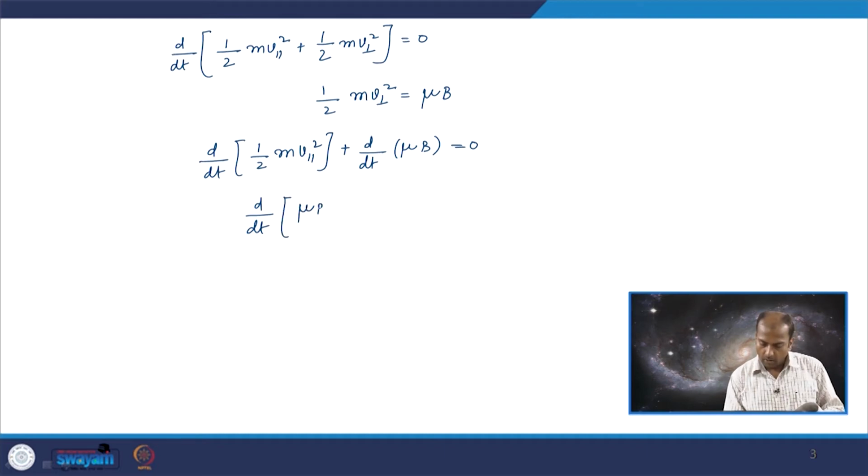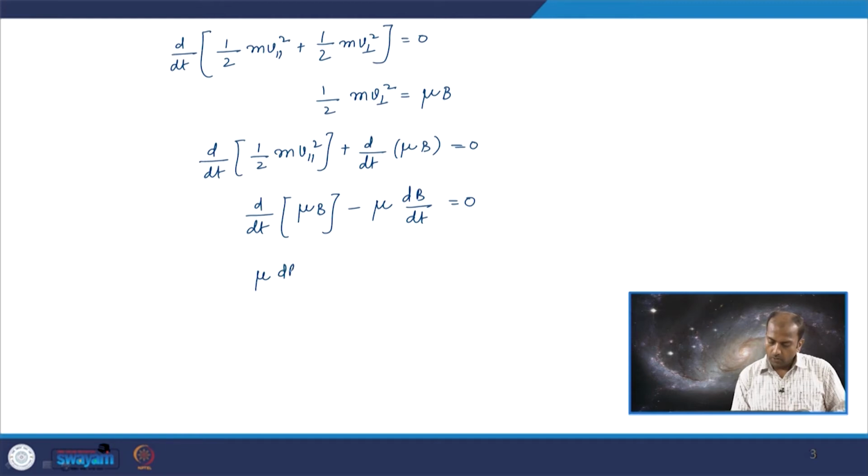minus mu dB by dt is equal to 0. So, mu dB by dt plus B d mu by dt minus mu dB over dt is equal to 0.